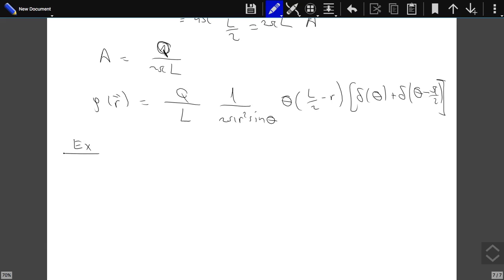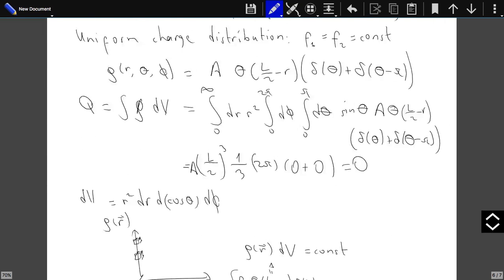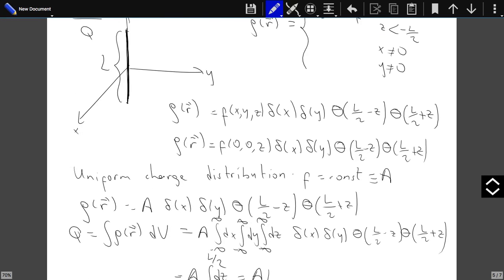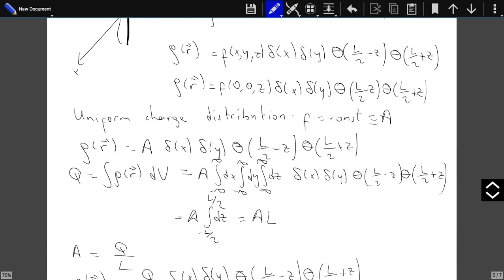Now, we know how to write the charge densities. Let's calculate some electric fields. Once we know the charge densities, we can evaluate the electric fields. This is the charge density that I will be using.